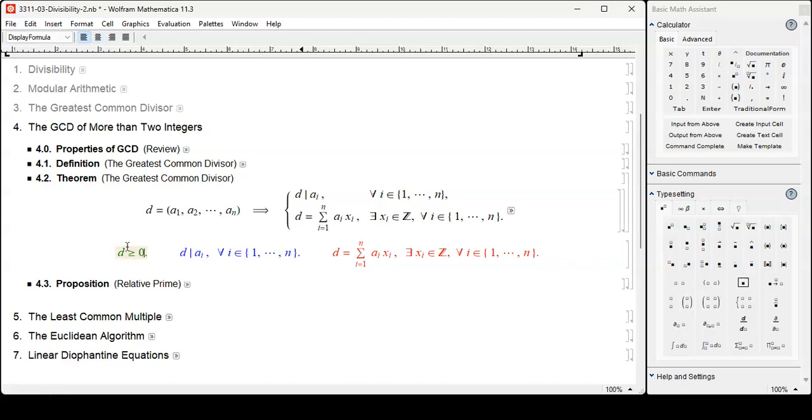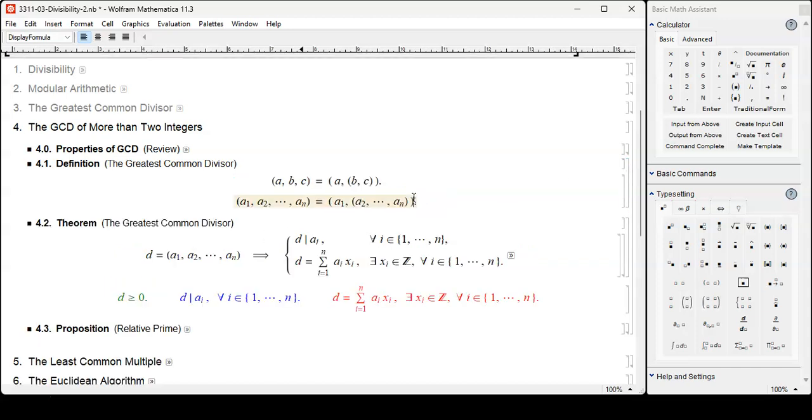This one is really trivial, so it's not really worth doing anything. As a matter of fact, clear from the definition because it came from the GCD definition of two integers. You see, this is an integer, GCD is so previous. So it's GCD of two integers. It came from that, so this thing is trivial. And then passing these on over to dividing A1 and dividing the GCD, consequently, each of these, by inductive hypothesis or recursion, whatever you may want to call, the detail is left to the students.